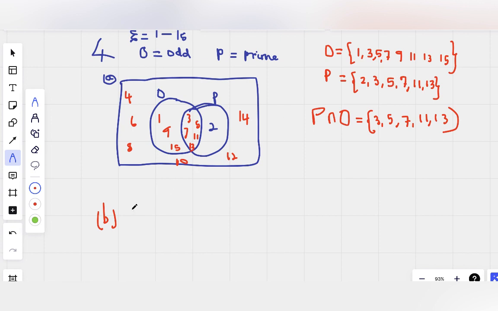So, the probability that the number chosen at random is a prime number is the number of prime numbers over the total numbers in the whole universal set.